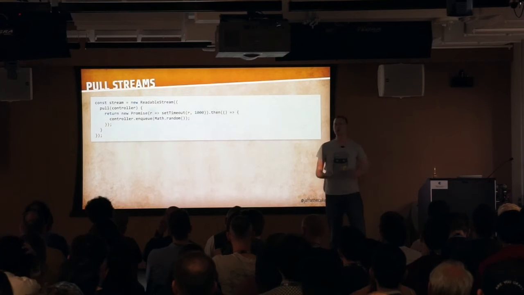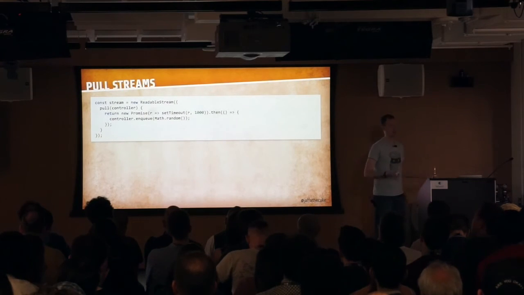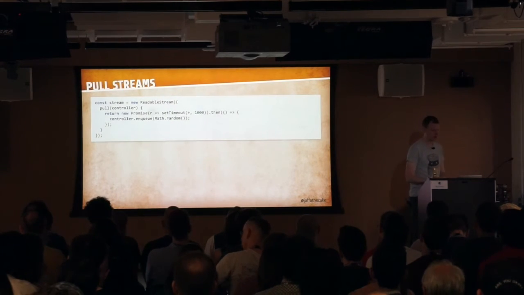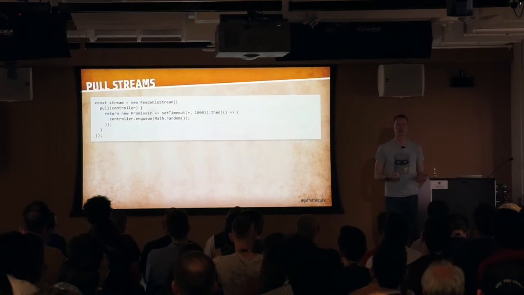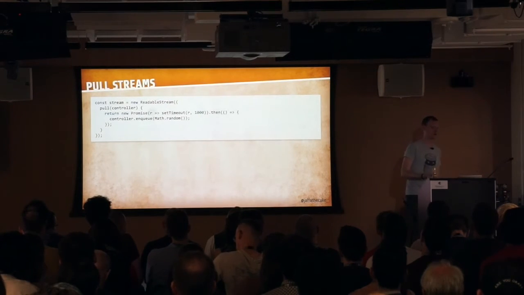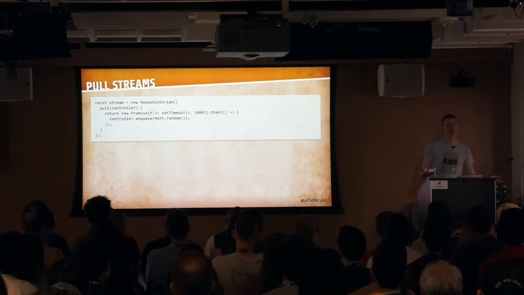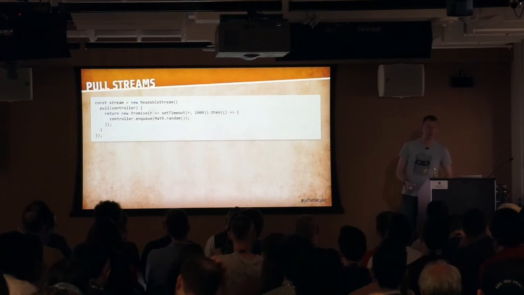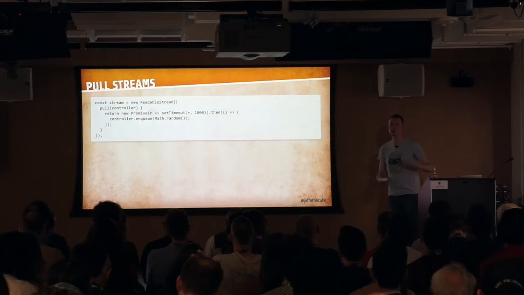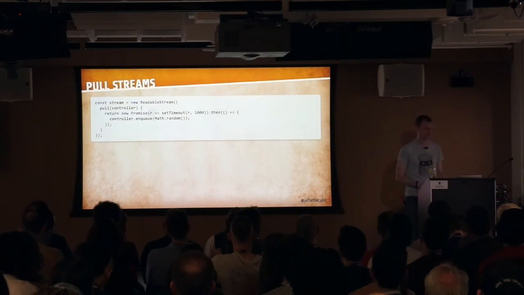Here, there are numbers, but there can be objects, there can be elements, there can be images, there can be whatever you want. The designers of web streams, like Domenic Denicola, the main designer, spent a lot of time talking to the Node folks because they had loads of iterations of streams, and they were a good source of here's all the mistakes we made, here's all the problems we have. And one of those mistakes was having different kinds of streams for different objects, so that doesn't happen here.